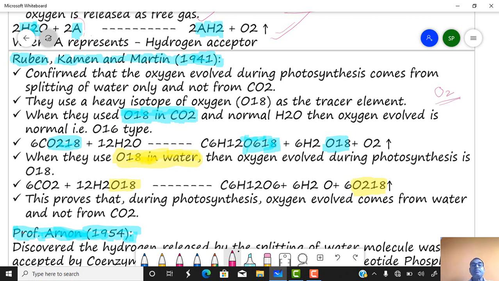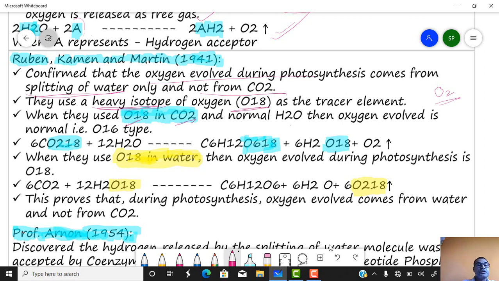So they confirmed that the oxygen evolved during photosynthesis comes from the splitting of water only and not from carbon dioxide, and for this purpose they used the heavy isotope of oxygen, O18, as a tracer element. When they used O18 in carbon dioxide and normal H2O, the oxygen evolved was the normal 16O type.